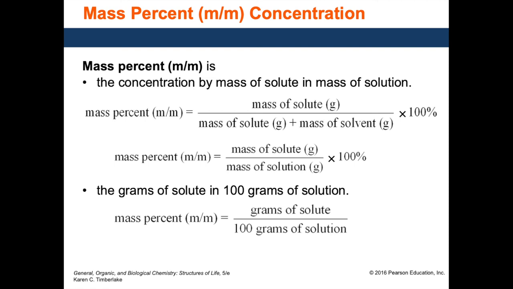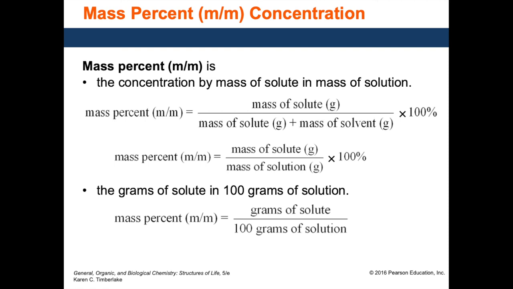Okay, a quick note here about the percentage answer that you get. You can then treat that as a conversion factor. Just know it's the same thing as the grams of solute for every 100 grams of solution.